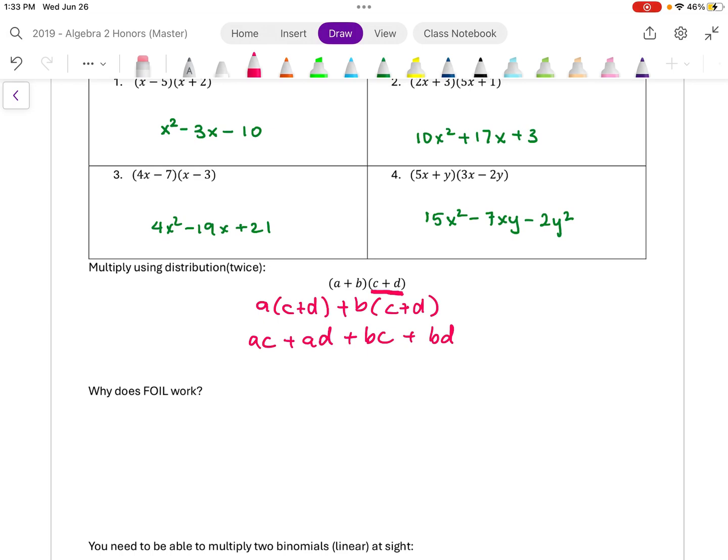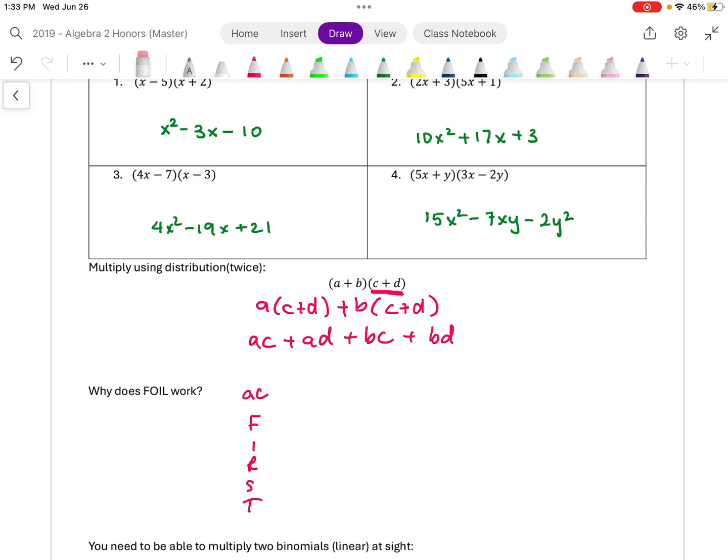Some of you may have heard the term FOIL. It's first, outer, inner, last. It's a way to skip the first distribution and go straight to the end. Why does that work? If I take the first term of each of the binomials, that's AC, the first two terms.